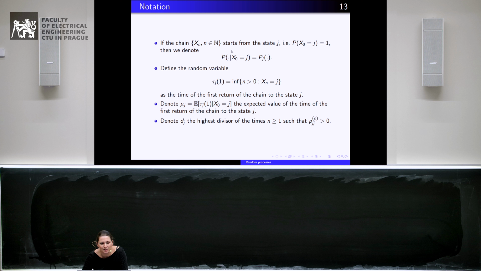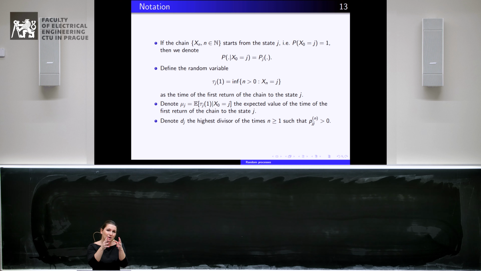Let's keep the first point and go to the second point. Let's define tau j, with the value 1 in the brackets, the time of the first return of the chain to the state j.